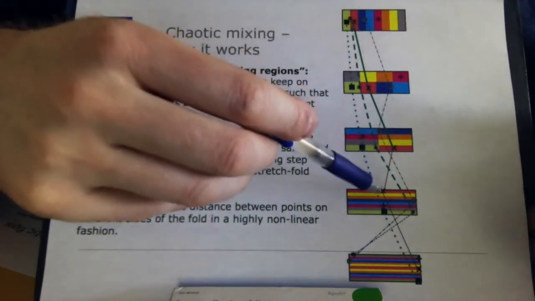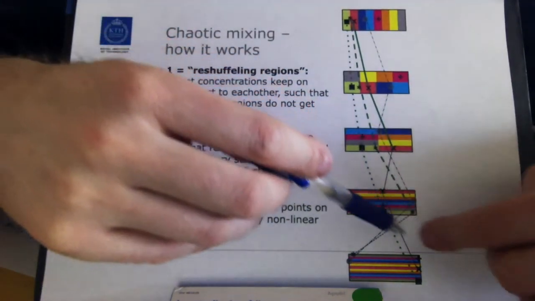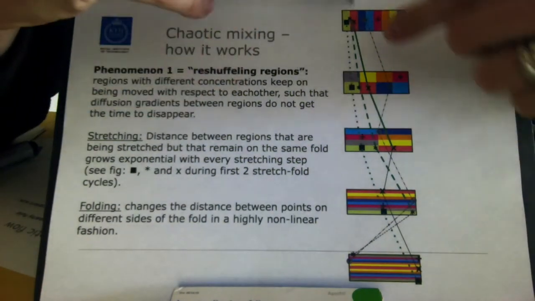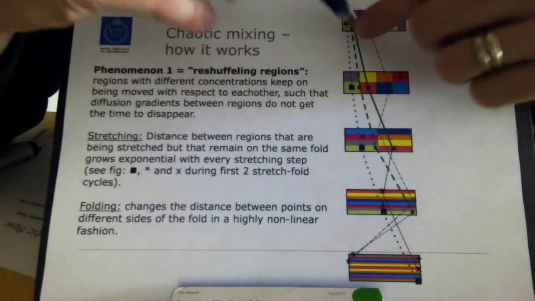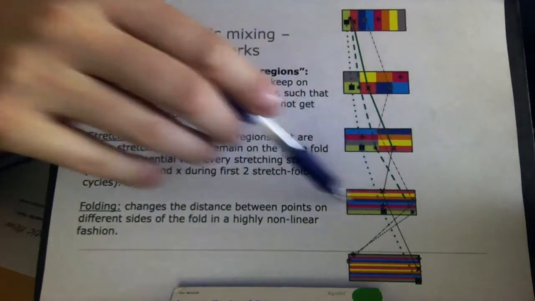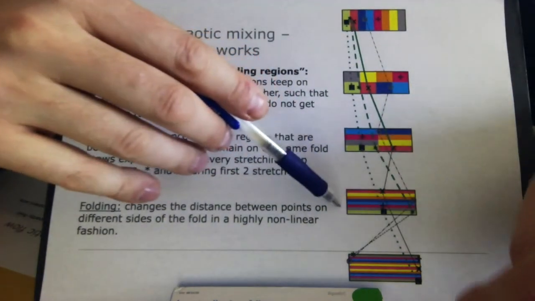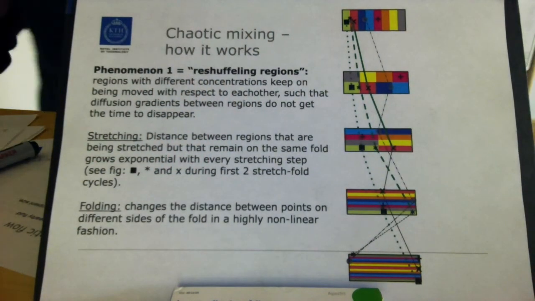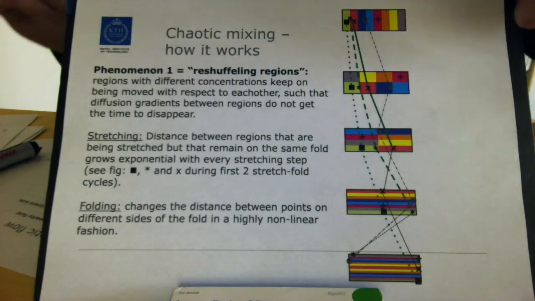And once it's here, then it gets stretched again, and this is again an exponential. So as long as one point is not folded, it moves exponentially. Then it's folded, it moves to a kind of random position, and then until it's folded again, it's going to move again exponentially. So I reshuffle my regions constantly compared to one another.